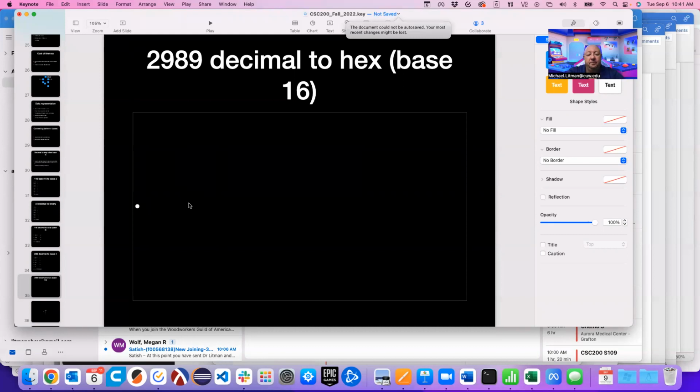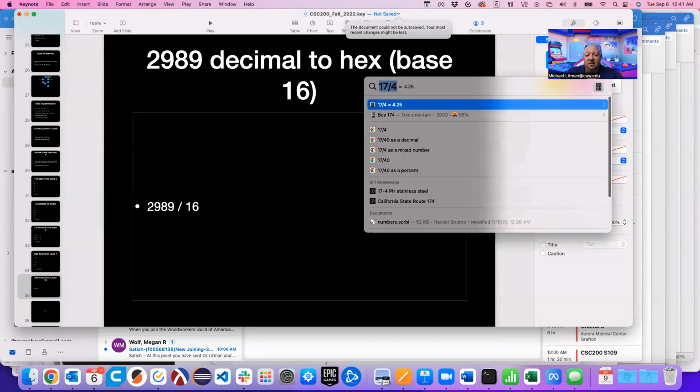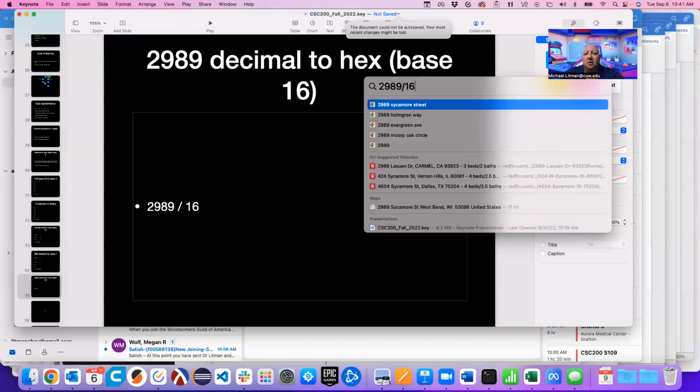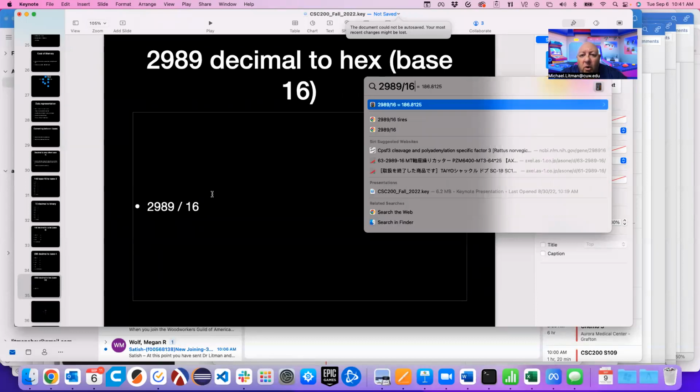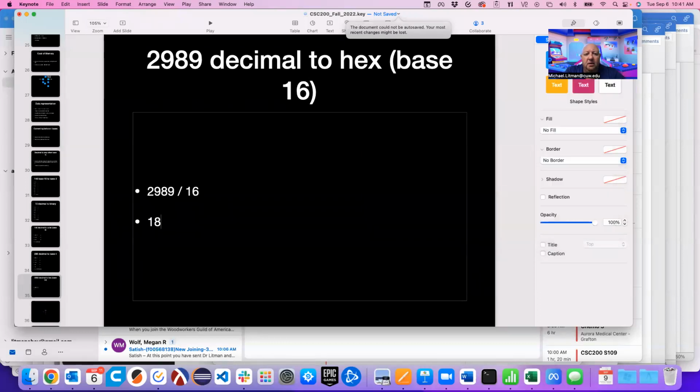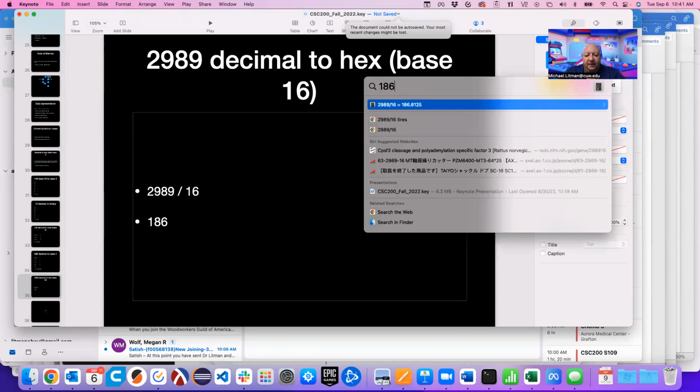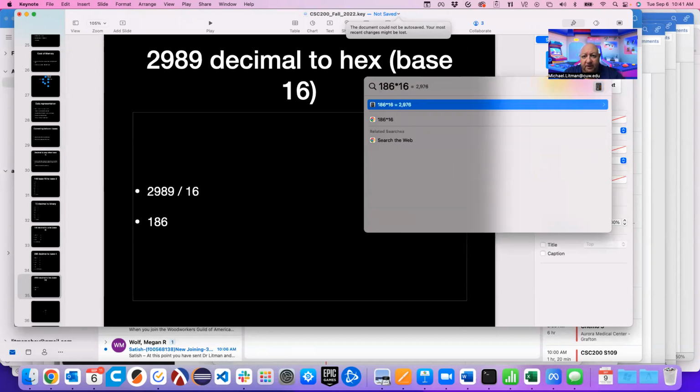All right. So the same thing, 2989. We're going to divide this by 16. And that's going to give us 186. 186 times 16 gets us 2976.